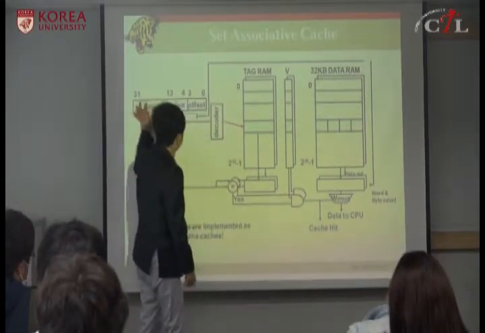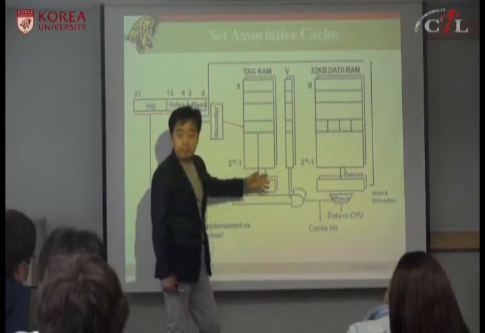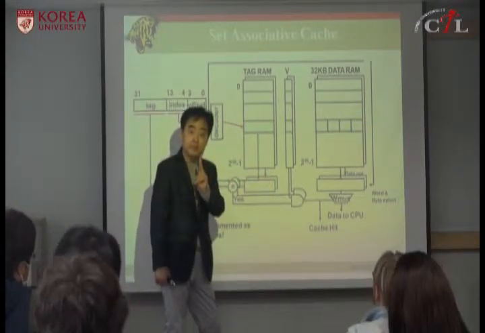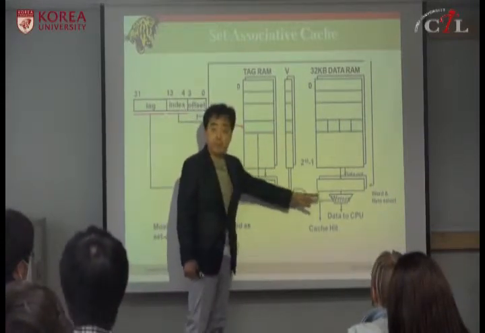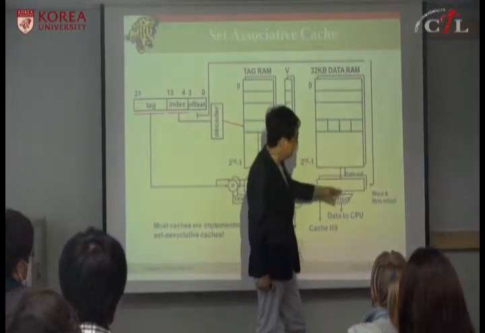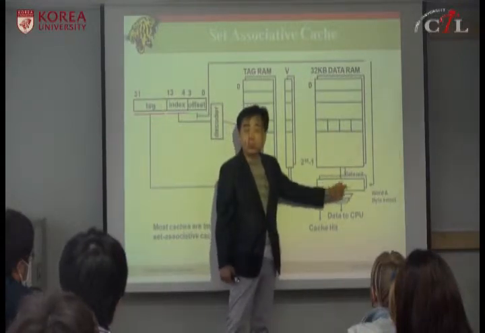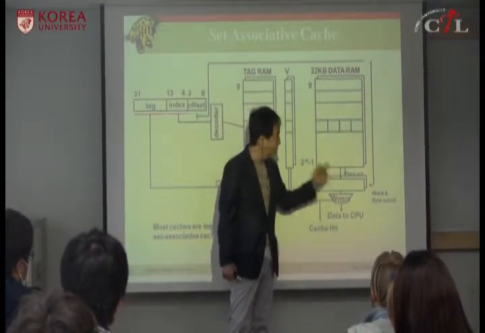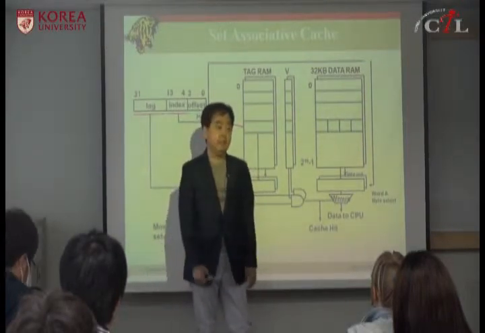So using the tag, you have to compare these 2 tags simultaneously. So you need 2 comparators. Okay? If any of them is equal and if it's valid, you have a cache hit. For the data block, you fetch the blocks. Depending on the comparison result, you have to select 1 out of 2. Right? And then using the block offset, you extract the byte and send it to the pipeline.